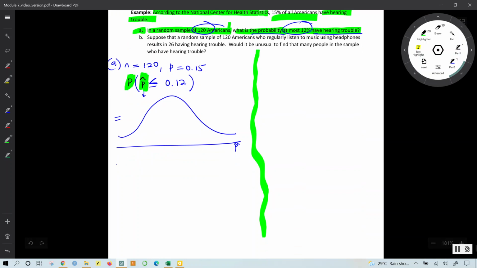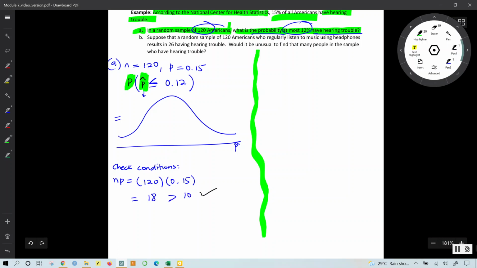Let me check my conditions first. I will need to multiply n by p, that will be 120 times 0.15, which is equal to 18, which is greater than 10, so that checks out.